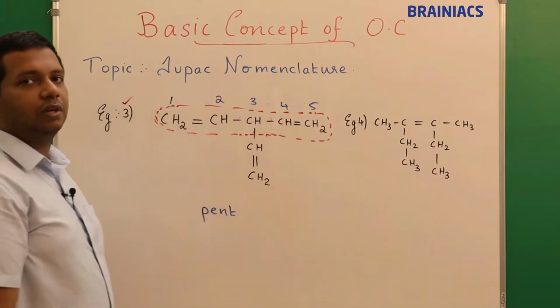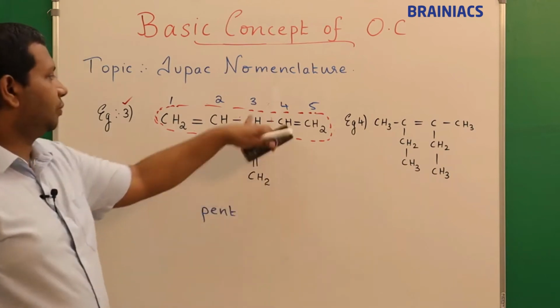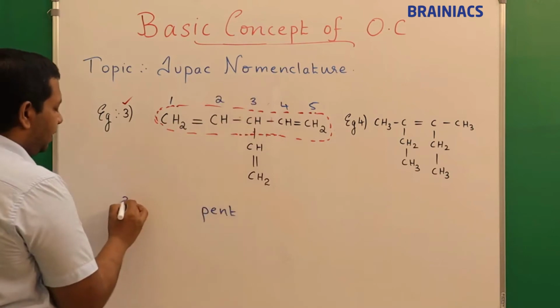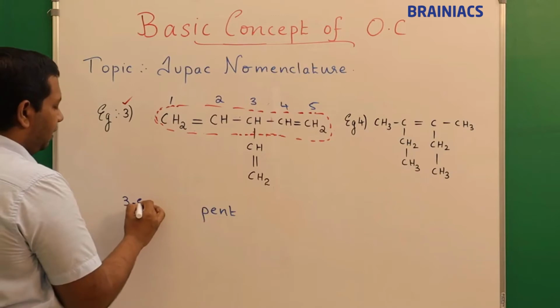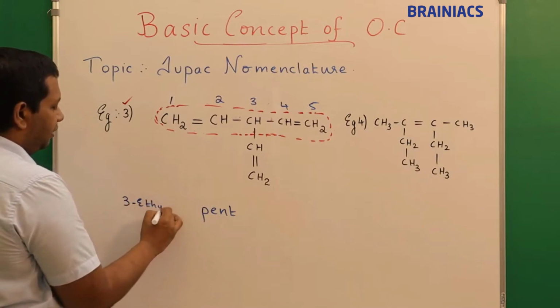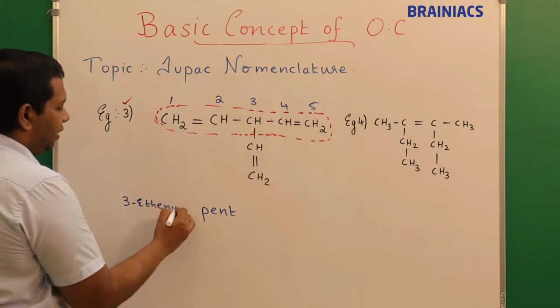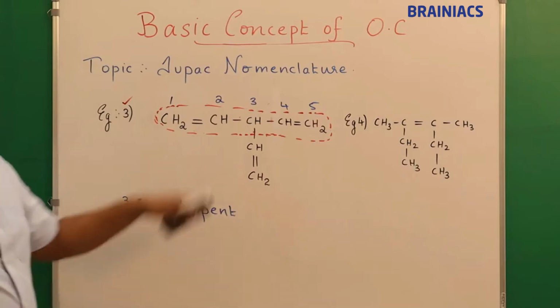Now what is the next thing you need to remember? Secondary prefix. Secondary prefix will come because there is a substituent. So how will you put the substituent? We know that 3-ethynyl. 3, what should be there? Hyphen, ethynyl. 3-ethynyl pent. Now I am going for the primary suffix.